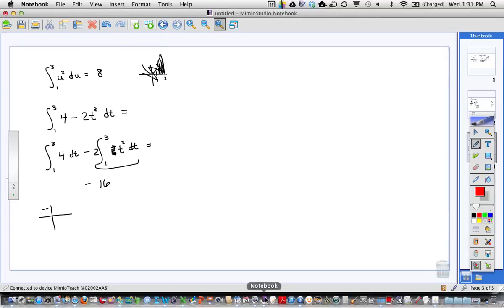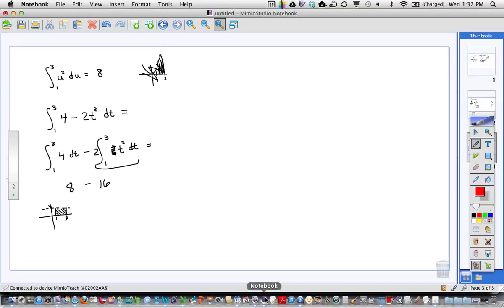Just a line up here at 4, from 1 to 3. What's that area? Isn't that also 8? Because it's 2 wide and it's 4 tall. So that makes a rectangle of area 8. So this integral right here is 8.